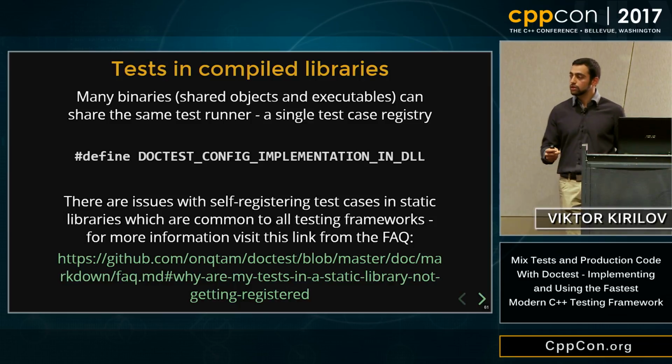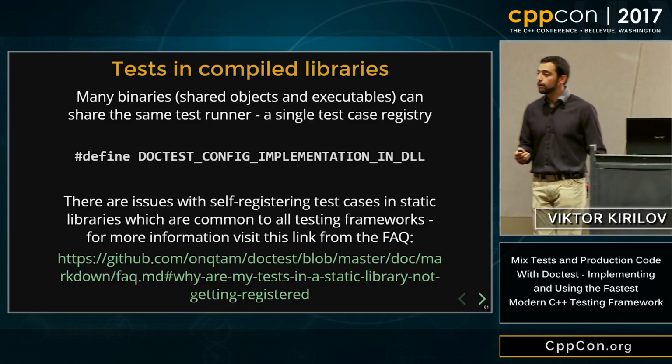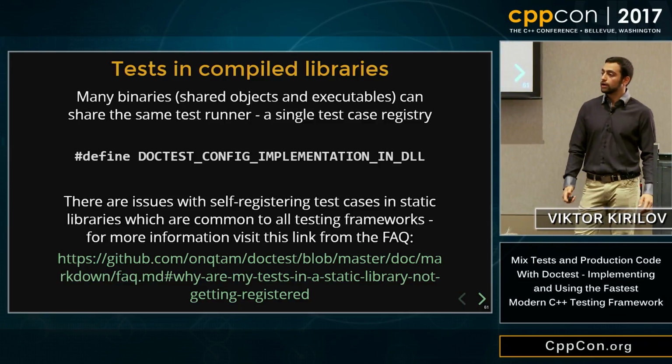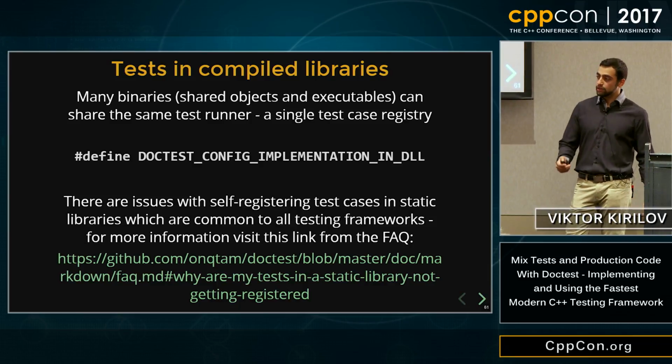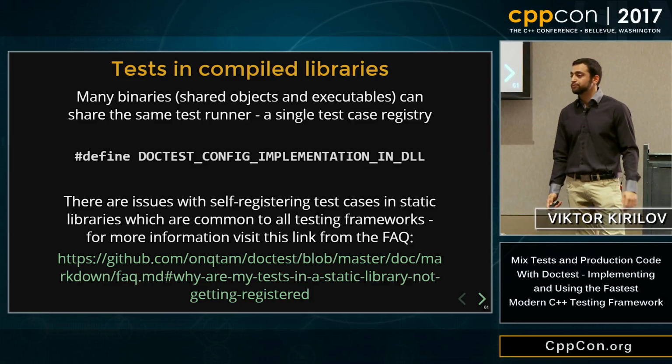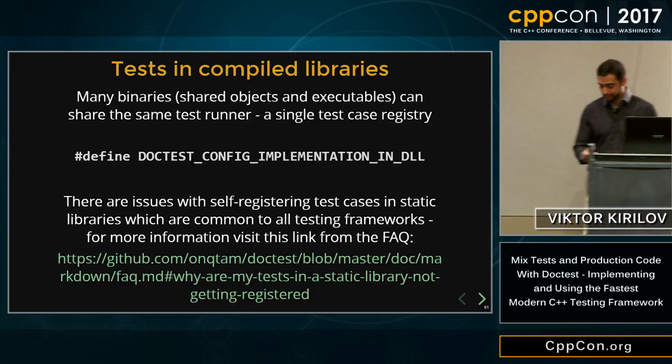Is this your question? So, I mean, all libraries are loaded like with dlopen or LoadLibrary. Yeah, I'm even using that. I mean, in my toy game engine, I have plugins which are dynamically loaded, and they can have tests in them, and it works. Thank you.